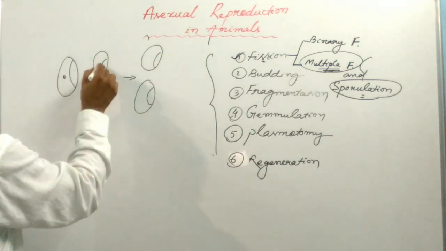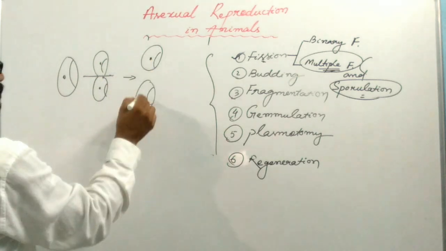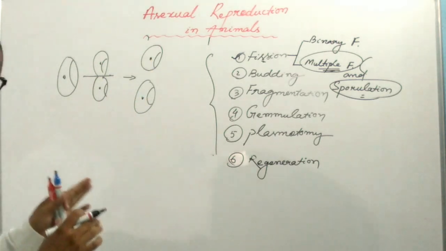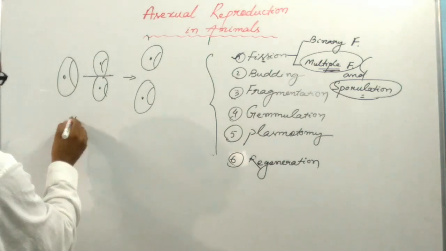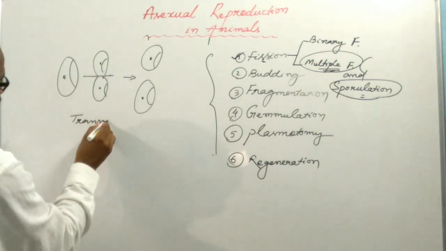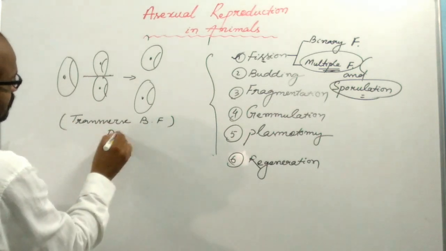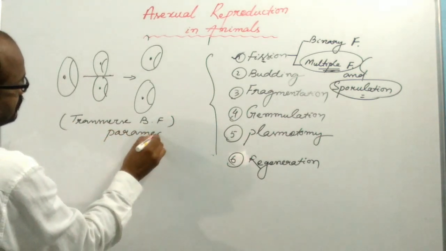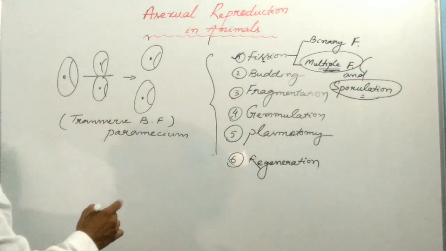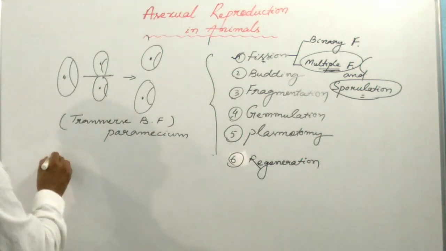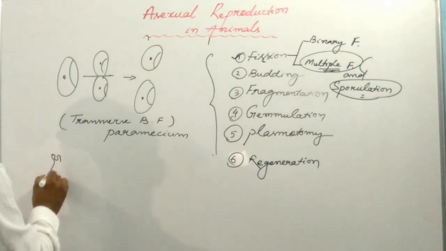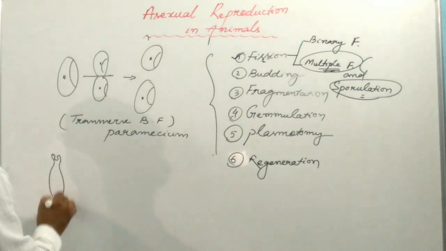So in Paramecium, the binary fission is transverse binary fission.